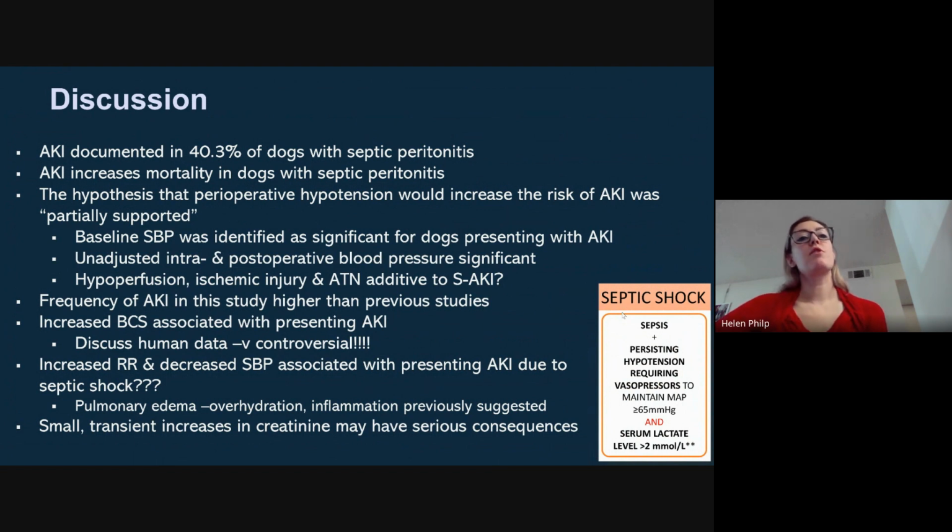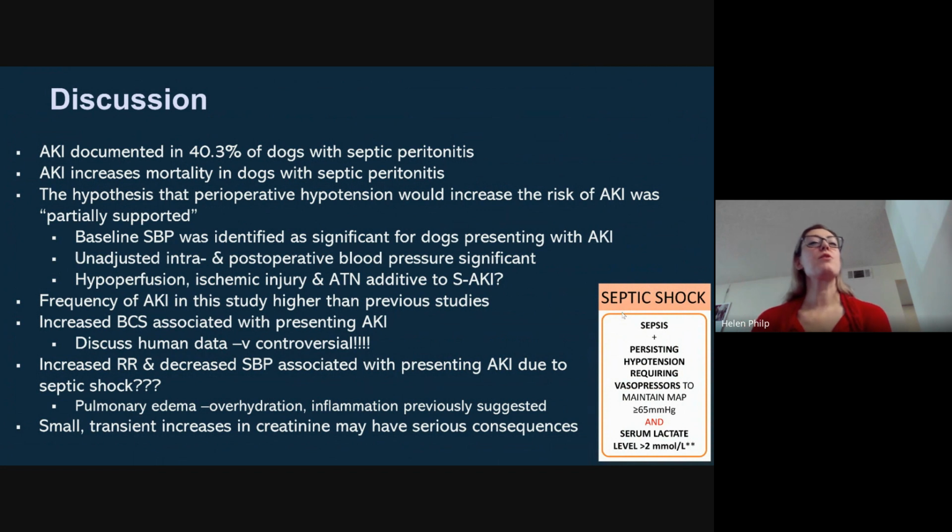And they also talk about the association of increased body condition score with presenting AKI. And they talk about the human data. It's very controversial in people. I did a quick look, and maybe it's partially a confounder, because it's been found in a lot of retrospective studies, and some of the authors think that a lot of people with obesity end up in the ICU, and a lot of ICU patients end up with AKI.